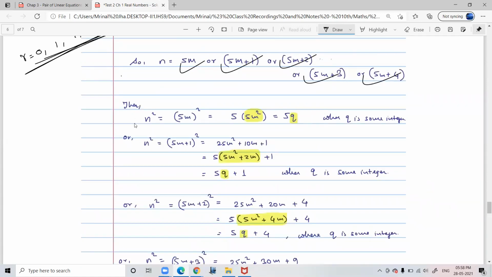So if r is equal to 0, then n can be written as 5m. So (5m) square can be written as 5 into 5, 25m square. So you can take the 5 common and write it as 5 times q, where q will be some integer. We don't care. It could be some integer. That in this case will become 5m square. M is an integer, so 5m square also will be some integer, and that integer we are calling q.